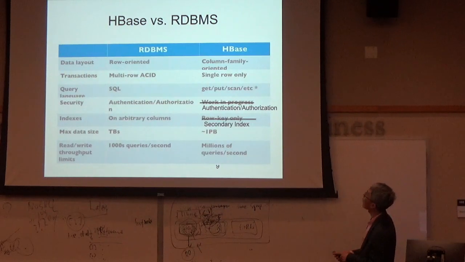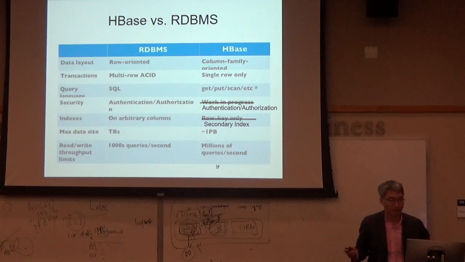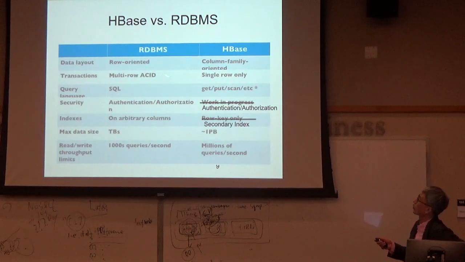What about the comparison between HBase and the RDBMS? The RDBMS you already know. It's row-oriented and ACID and SQL and so on. But considering such RDBMS calculation, HBase is column-based.